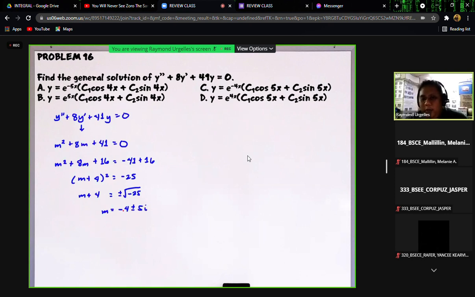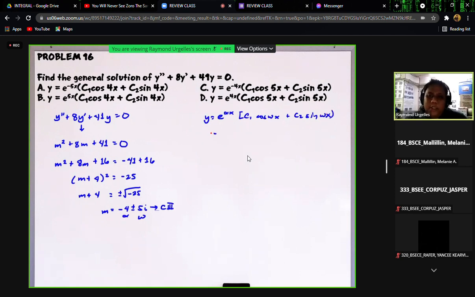So this will be our alpha, and this will be our omega, the 5. Then we can see that this is case number 3, complex conjugate. So therefore, our solution is y equals e to the alpha x multiplied by c1 cosine of omega x plus c2 sine of omega x.